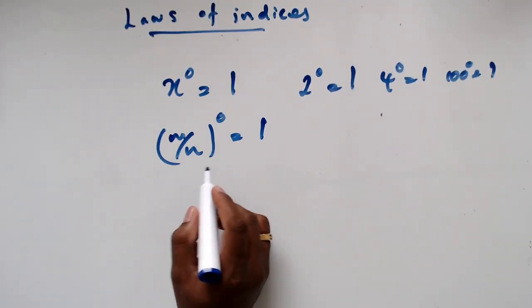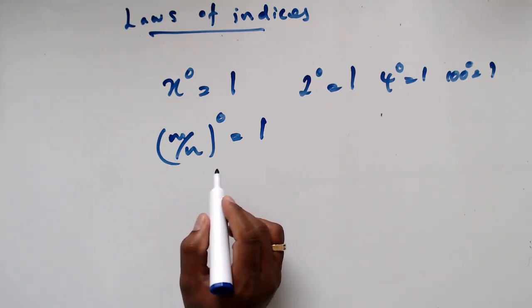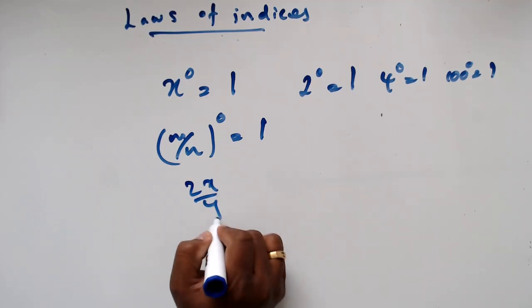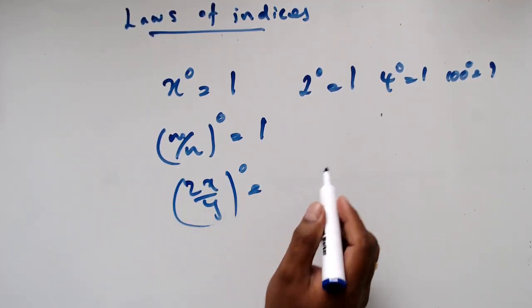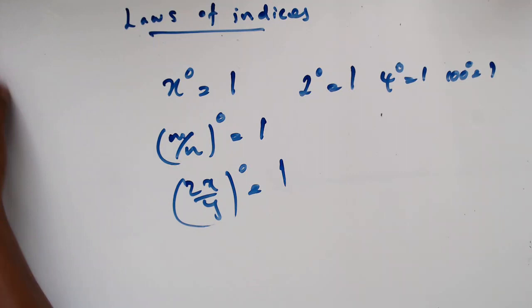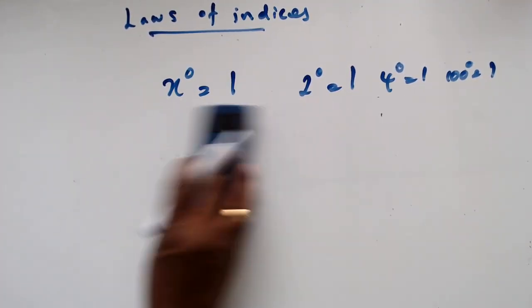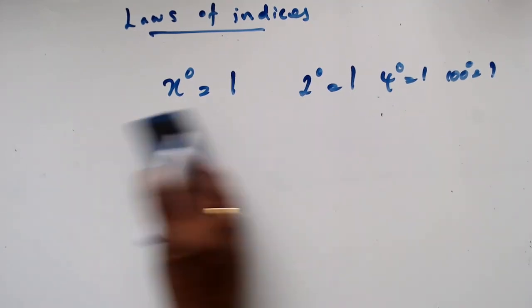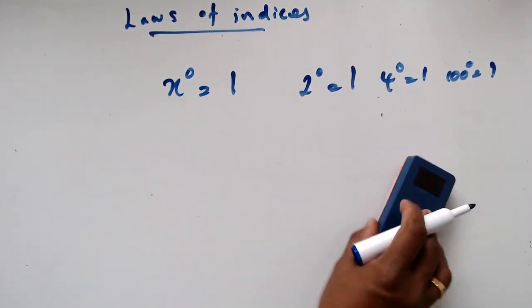And if we have a calculation like (2x + y) to the power 0, the answer is equal to 1.